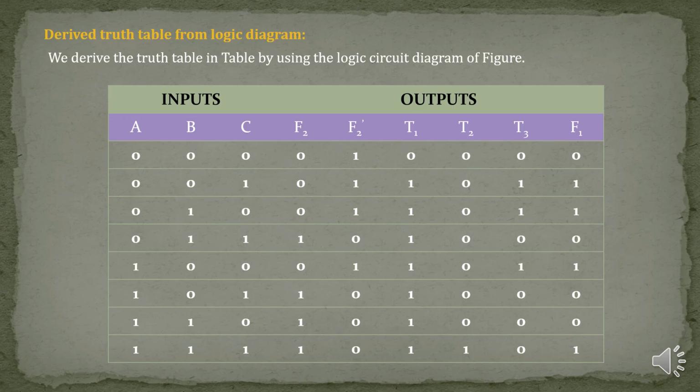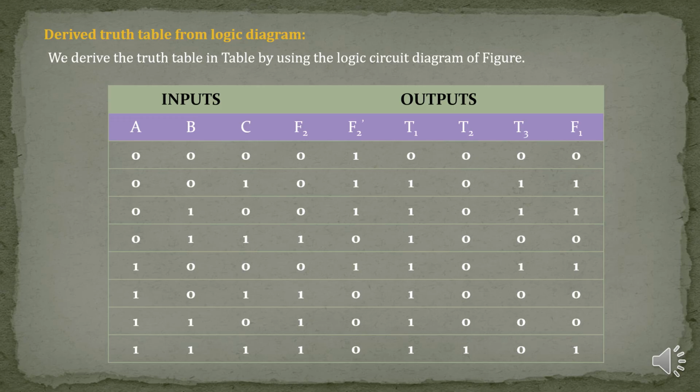If all the inputs are zeros, only F2 dash is active. When input C is high, F2 dash, T1, T3 as well as F1 are high. When the input B is high, F2 dash, T1, T3 and F1 are high.